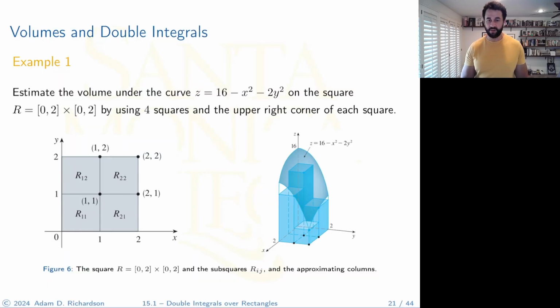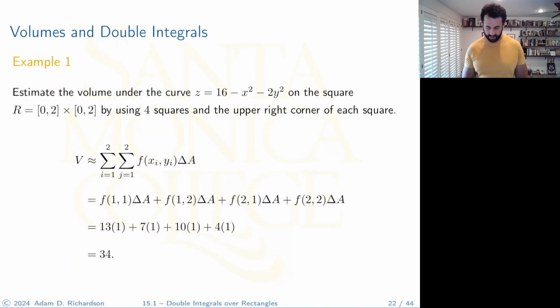All right, so that's not too bad. We know our formula. We're going to add up four different values. So we're going to evaluate the function at (1, 1), multiply it by delta A, evaluate the function at (1, 2), multiply it by delta A, (2, 1), (2, 2), add it all up, and we're going to get an estimate of 34 units squared.